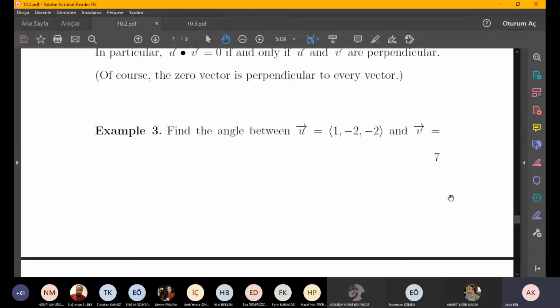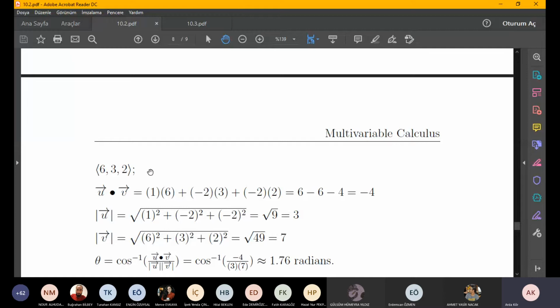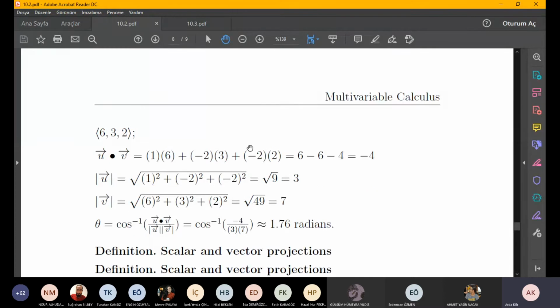Let's try to see an application of the dot product. If u is a vector with components 1, -2, 2 and v is a vector with components 6, 3, 2, let's compute the dot product.